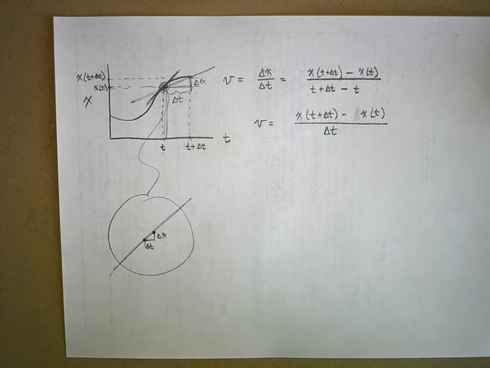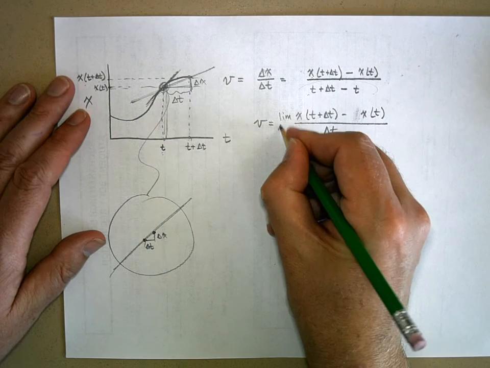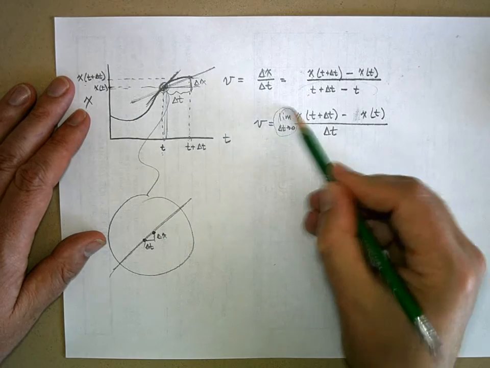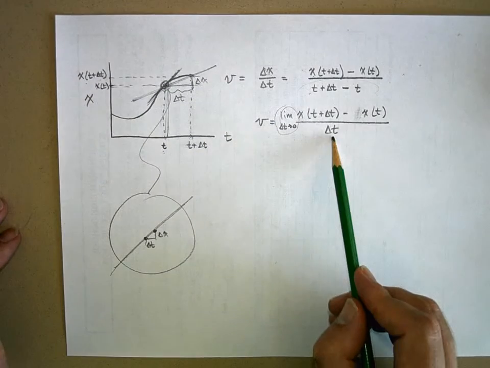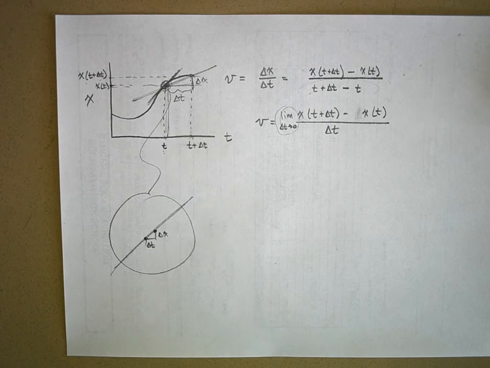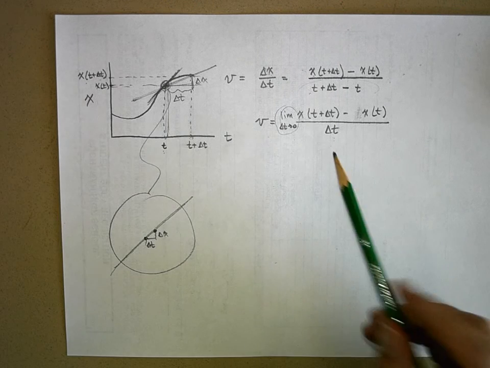I'm going to say, let's take the limit as delta t goes to 0. All this is doing is saying we're going to let delta t get really, really close to 0. Is it going to be equal to 0? No. Why? Because you cannot divide by 0. The mathematical gods will have their vengeance upon you if you try.